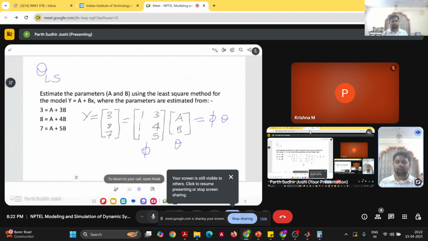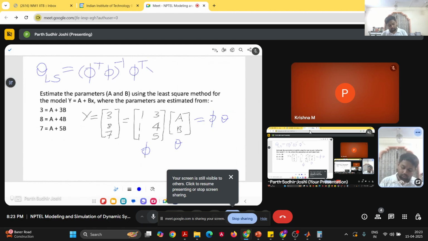Theta ls is equal to phi transpose phi inverse into phi transpose y.